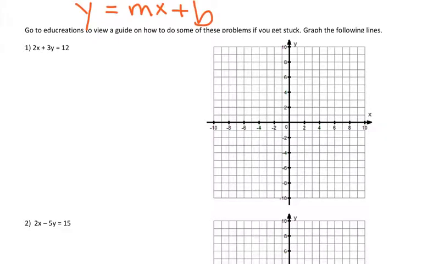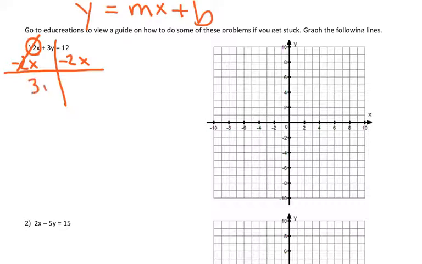The first thing I need to do is get rid of 2x. So I'm going to subtract 2x from each side, but realize that the 12 and the 2x cannot be combined on the right-hand side of the equation because they are not like terms. So 2x minus 2x on the left-hand side equals 0, so those cancel.